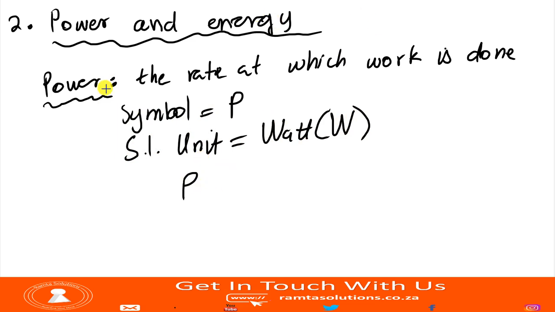Power, P, is equal to rate. Remember, when we say rate, it means you must divide by T, at which work is done. So power is W over T.